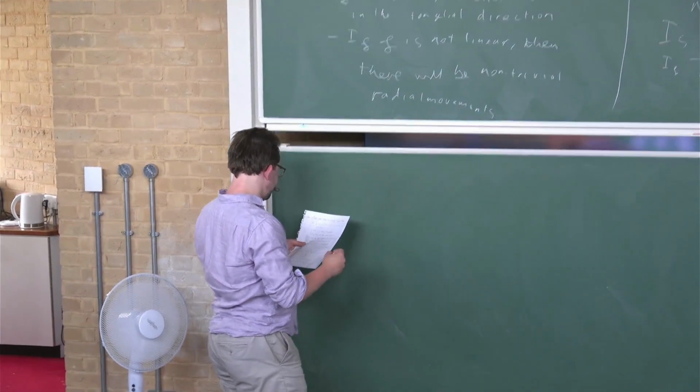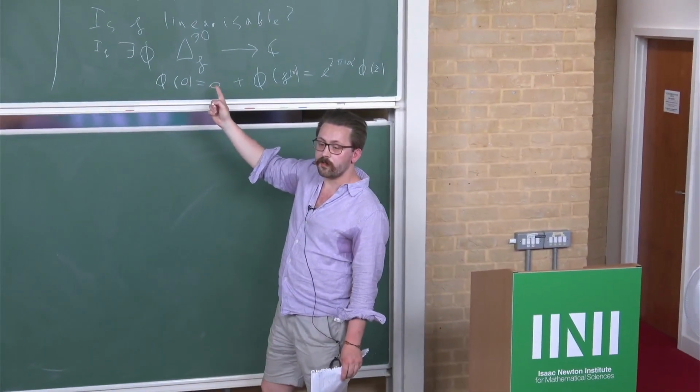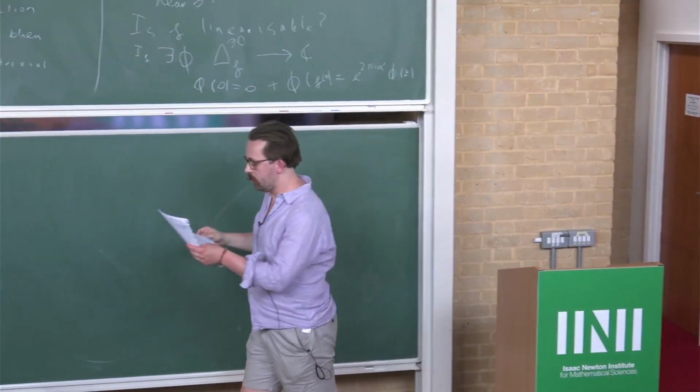And so we denote Δ_f to be the maximal domain upon which this is possible. This is called the Siegel disk in general, right?